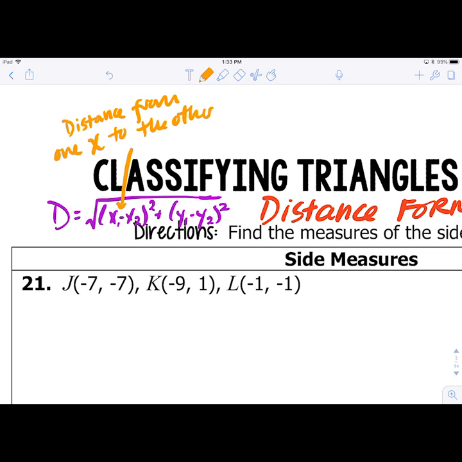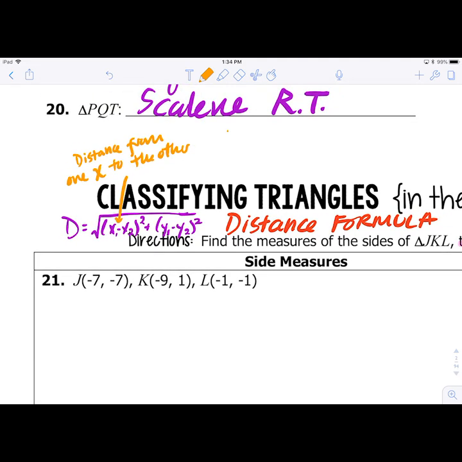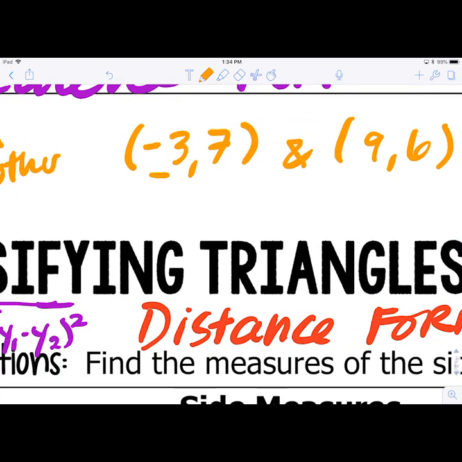So I don't have to sit here and actually subtract these x coordinates and get all confused with my signs. What I could do is just say, for example, if I had the points negative 3, 7, and 9, 6. If I want the distance in the x coordinates, I just have to ask, how far away is negative 3 from 9? Well, negative 3 to 0 is 3 units. 0 to 9 is 9 units. 9 plus 3, that's 12 units, right?